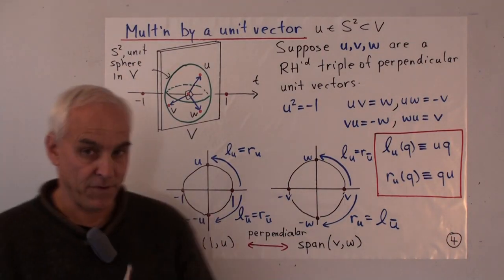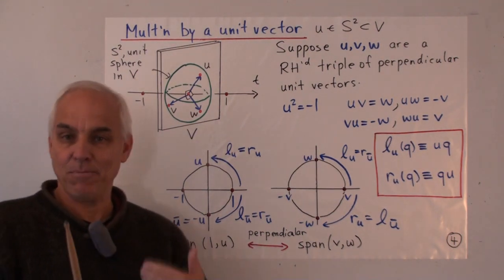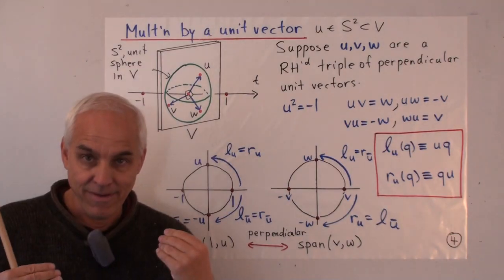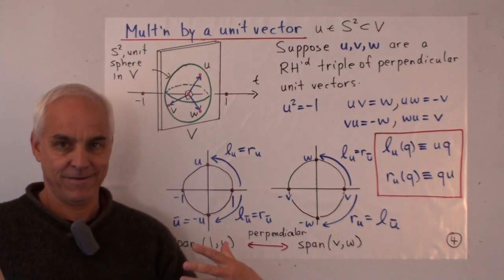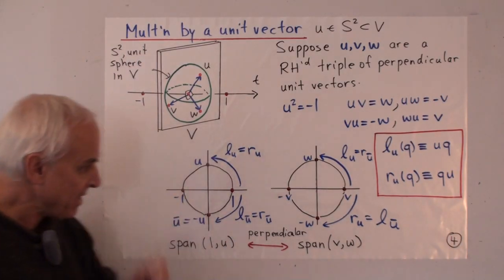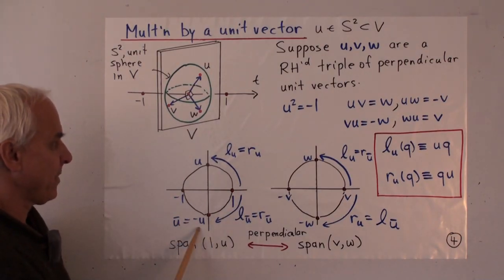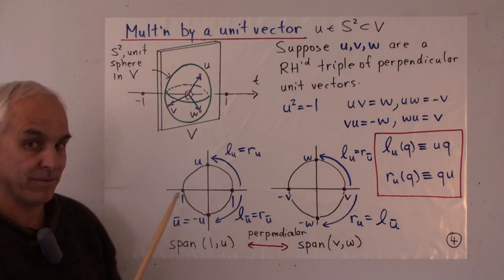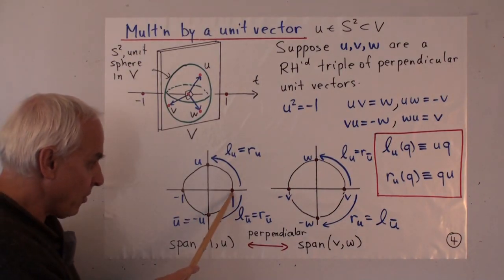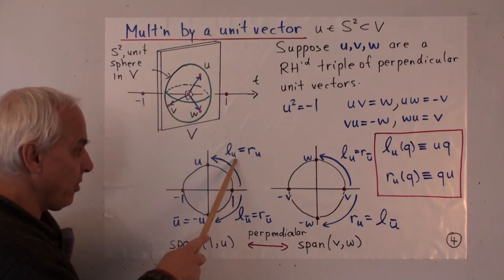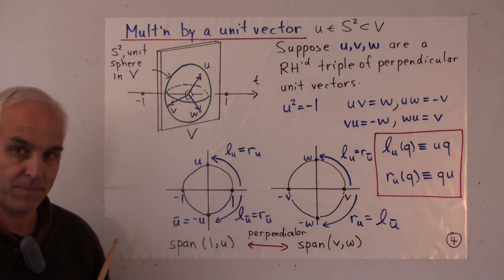Okay, there's a very good reason for thinking about it this way, because now when we want to understand the multiplication by u, it turns out we can look at these two planes independently. Why is that? Let's look at multiplication by u in this plane. Well, it depends on whether we mean multiply on the left or multiply on the right. If we take the vector 1 and we multiply on the left by u, we get u, which is the same thing that we get when we multiply on the right by u.